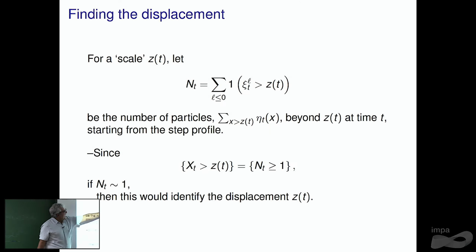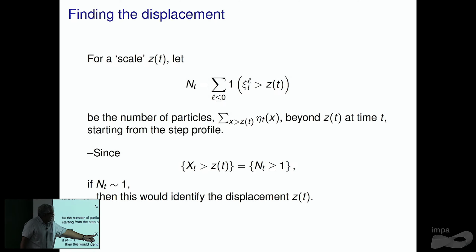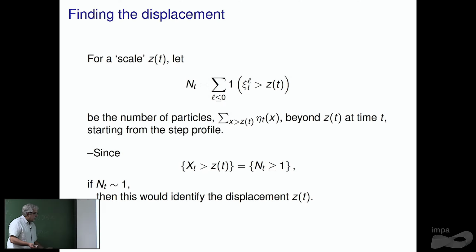That's what we're calling n_t at time t. If the tag particle is beyond this level, that means that this sum has to be at least 1. So if n_t as a random variable is of order 1, then that signifies that whatever z_t we choose is the right z_t.